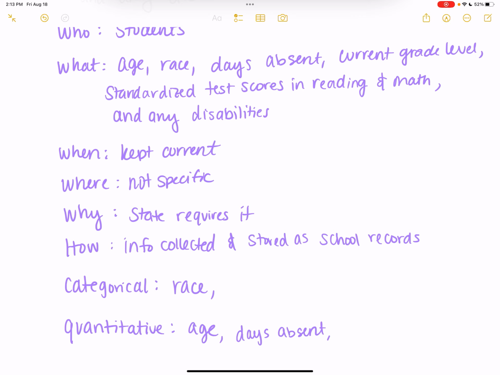Current grade level seems categorical, okay, because it's a number that's describing something. Standardized test scores in reading and math, quantitative.